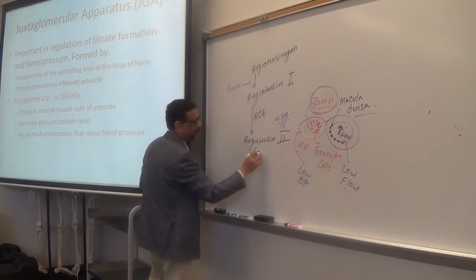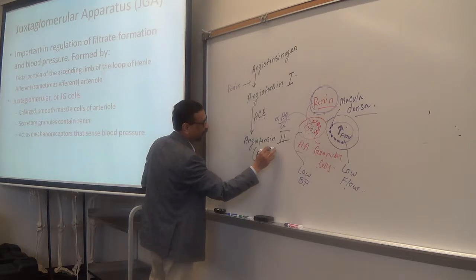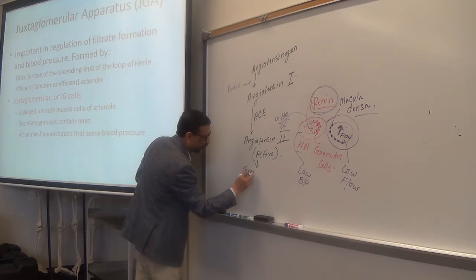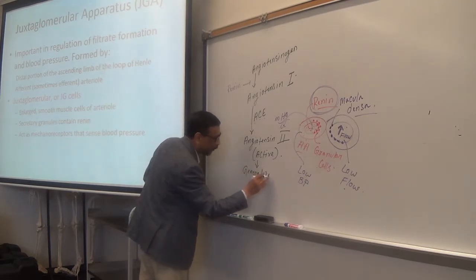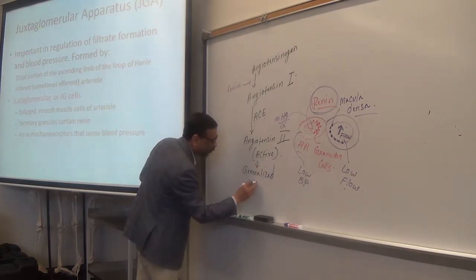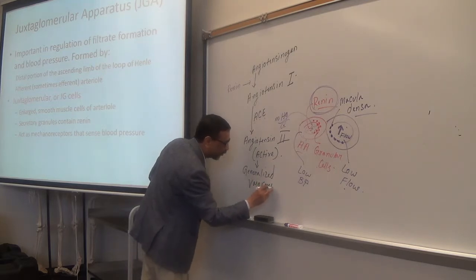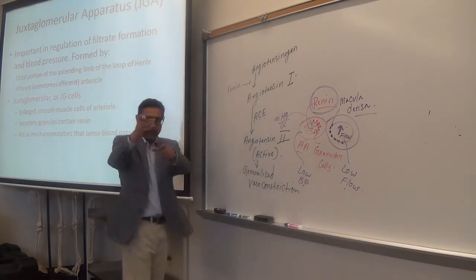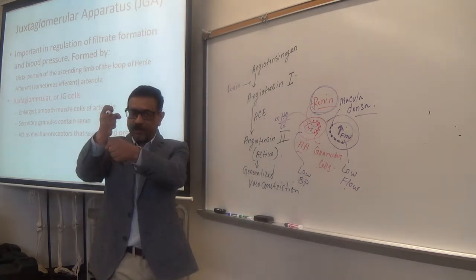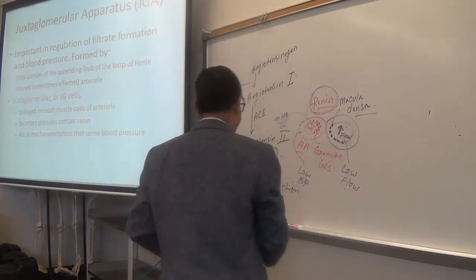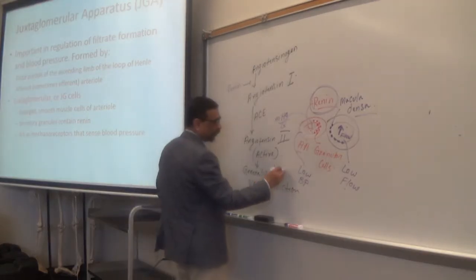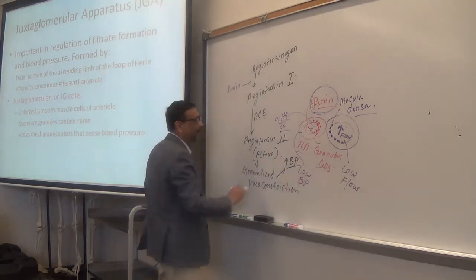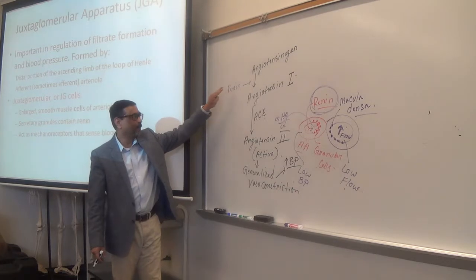This is the active chemical that causes generalized vasoconstriction throughout the body, constriction of the arteries. That will increase the blood pressure. Okay, so blood pressure goes up. So that's how the renin works.